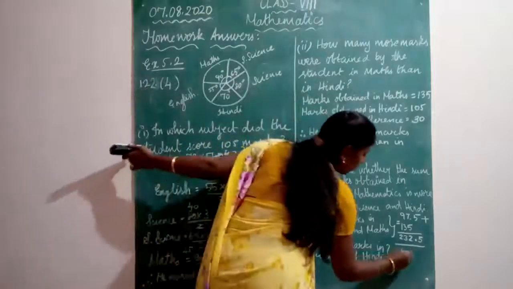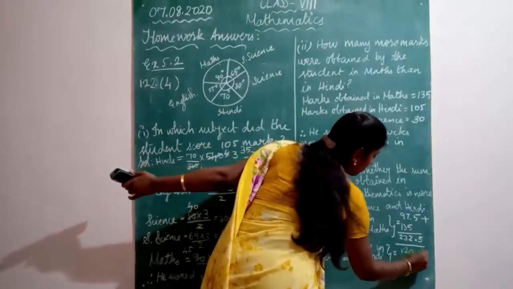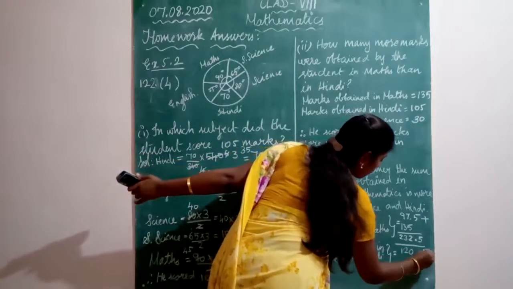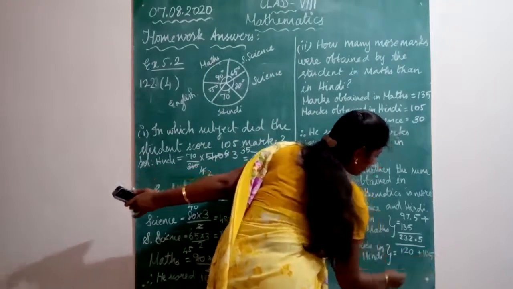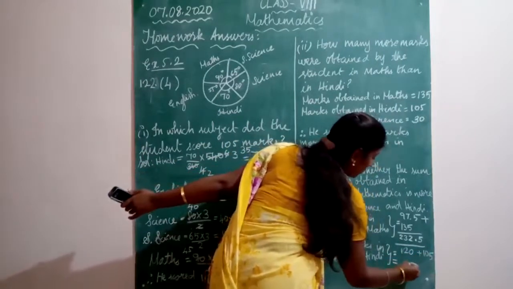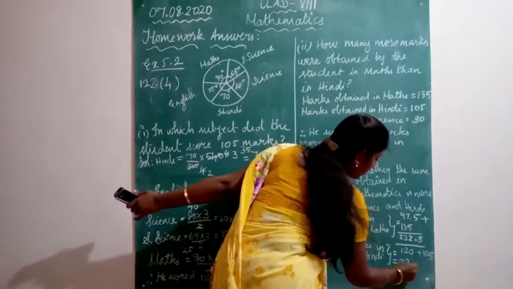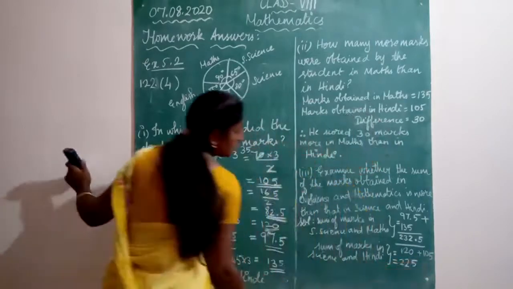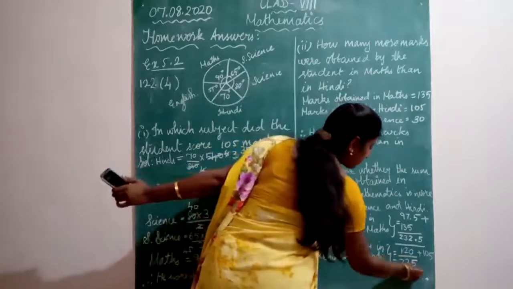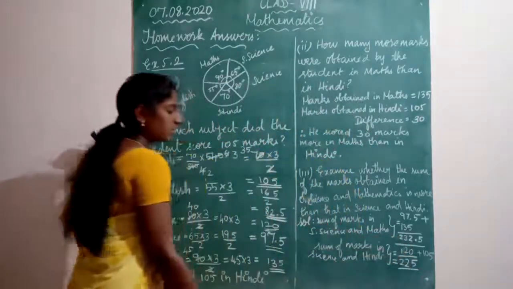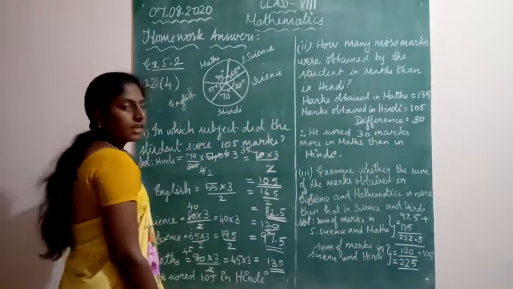Okay, so 120 plus 105, that is 225. Okay, so which is greater? This is greater, that is social science and maths is greater.